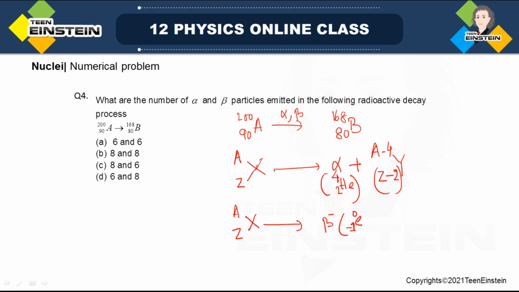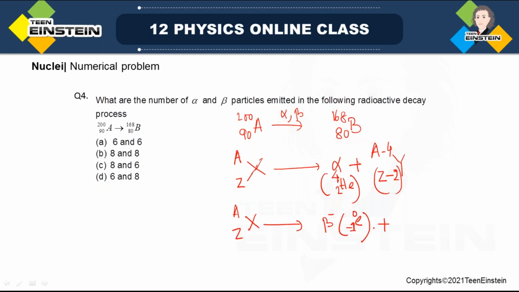When we refer to beta positive decay, it is positron decay. A positron will be emitted, which has atomic number +1 and mass number 0. Compared to the mass of proton and neutron, the mass of electron is negligible. That's why the mass number is taken to be 0 for beta particle.